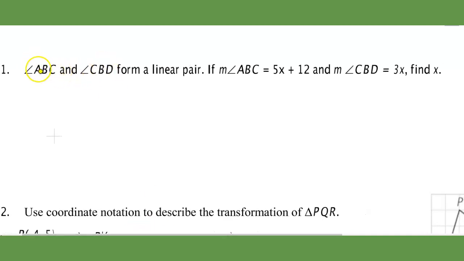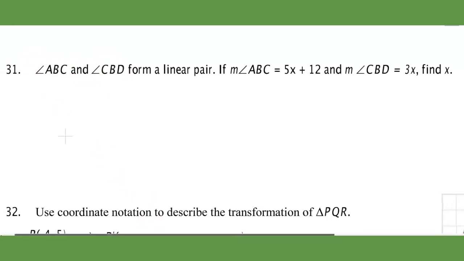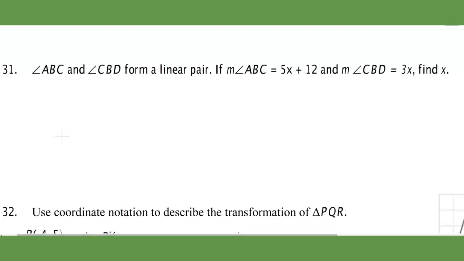Okay. ABC and CBD form a linear pair. So let's sketch that. So remember, linear pair fall on a straight angle or opposite rays.